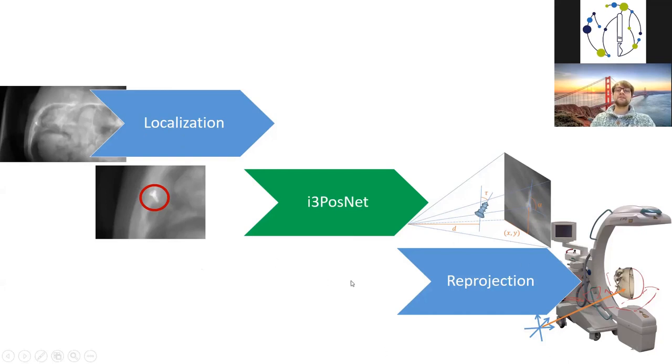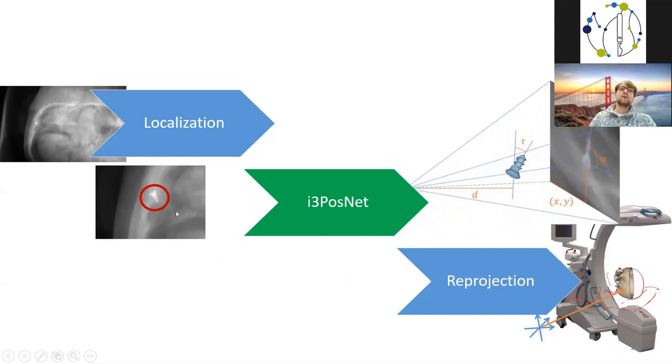The reprojection problem is also a mathematically solved issue, so those are already there, but this middle step would have been done by registration before, and that just isn't good enough. So this is why we choose to really improve this.